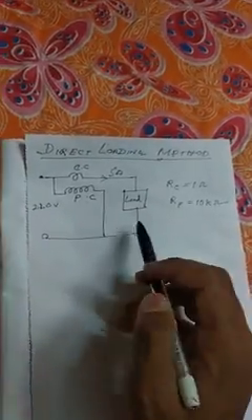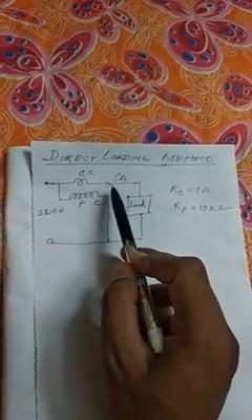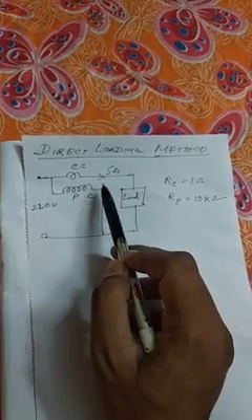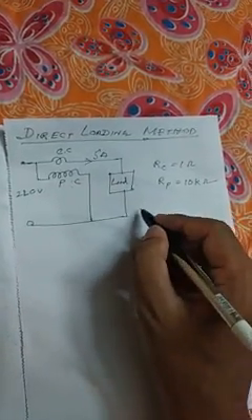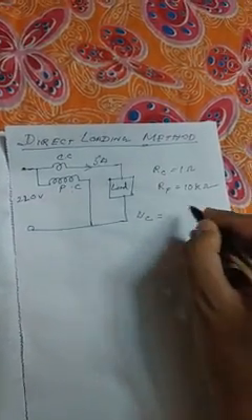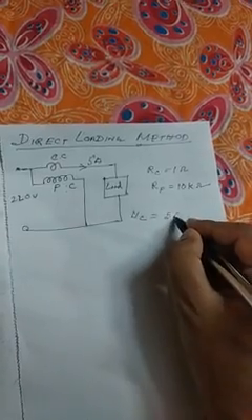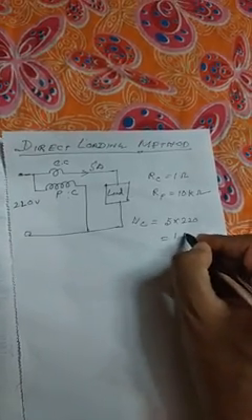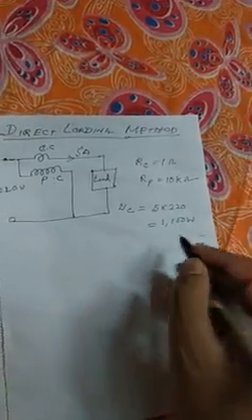Now, if a 5 ampere current is flowing through the current coil, what will be the power consumption by the current coil? That is WC, which will be equal to 5 into 220, that is equal to 1100 watt.